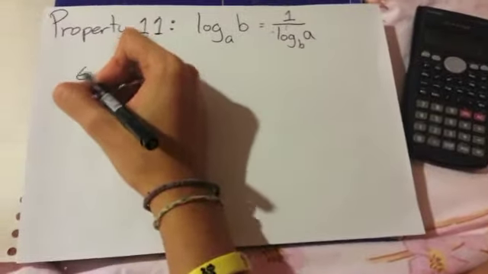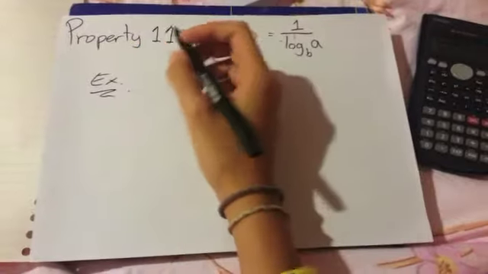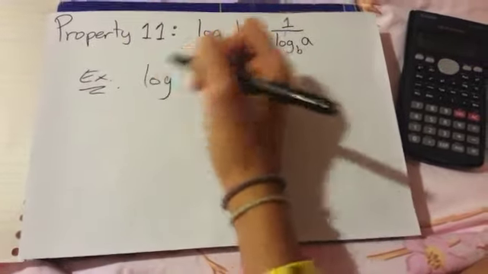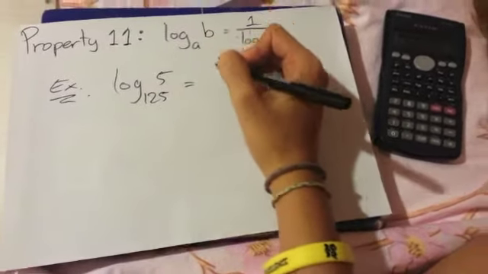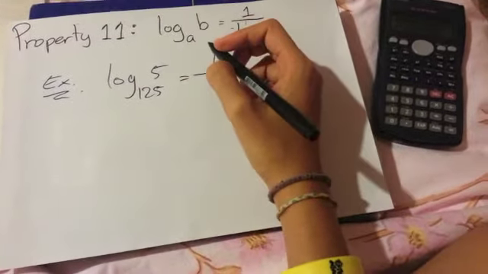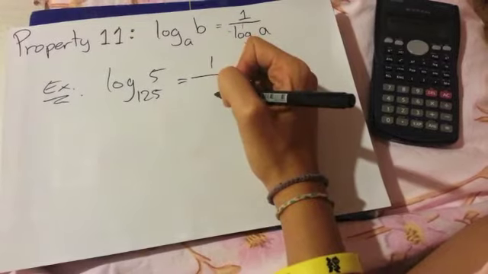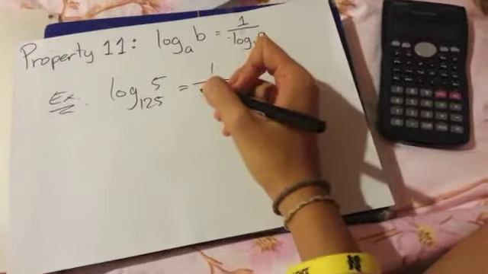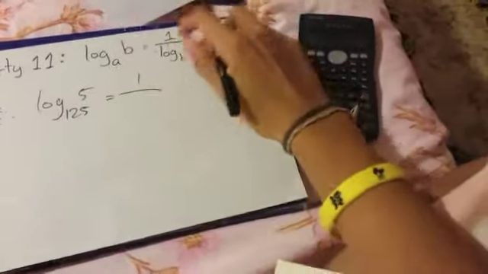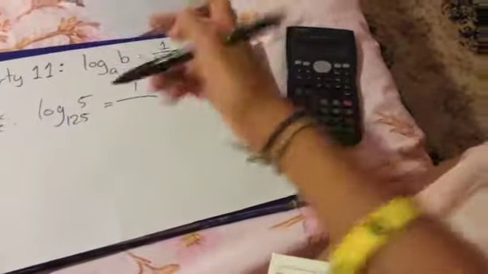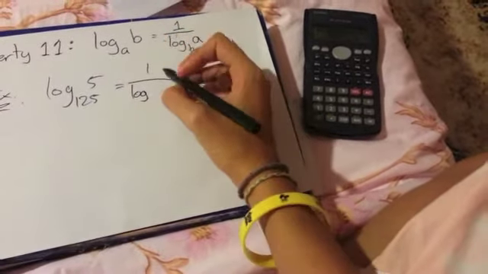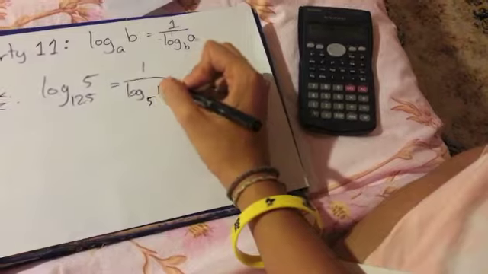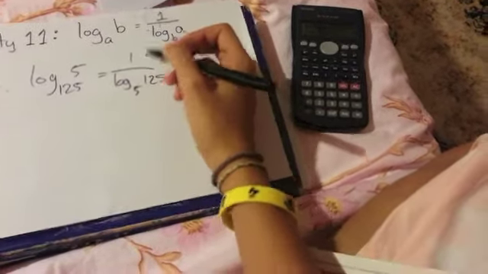So example, log 5 in base 125 is equal to 1 by, you swap that up. So you swap a and b like that. Just swap it. So this one is going to be log 5 in base 125.